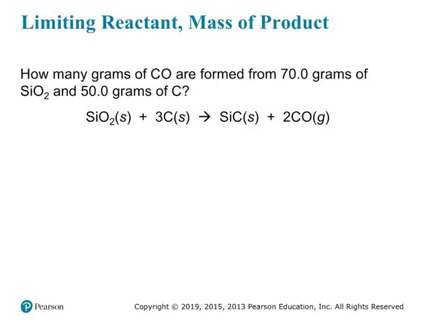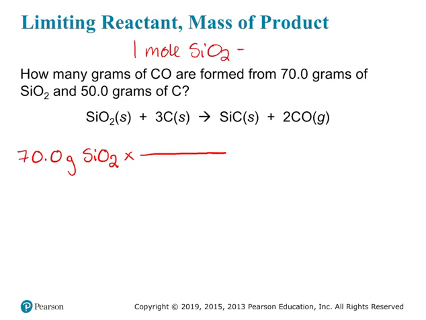All right, so we're going to start with the mass of silicon dioxide. So that was 70.0 grams. And we're going to convert that to moles of silicon dioxide. So remember, we just calculated that 1 mole of SiO2 is equal to 60.09 grams of SiO2.